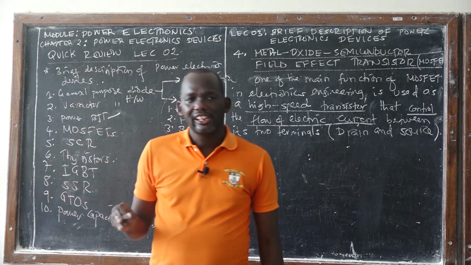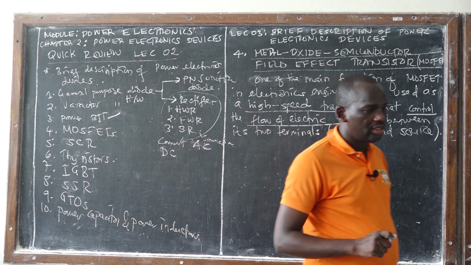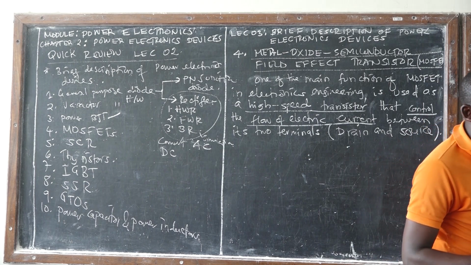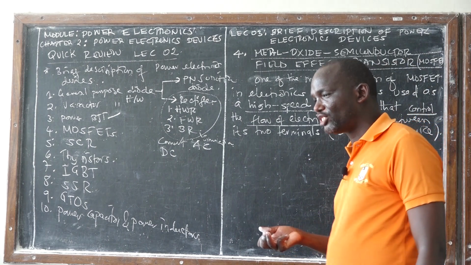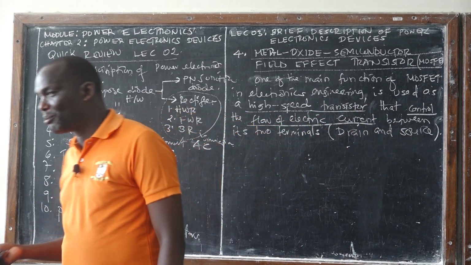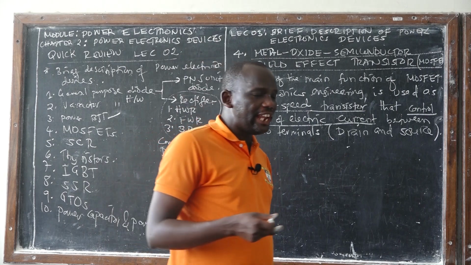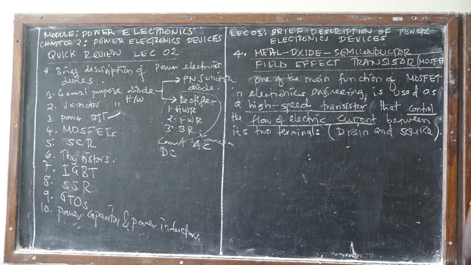The gate corresponds to the base in a bipolar junction transistor, the source corresponds to the emitter, and the drain corresponds to the collector.